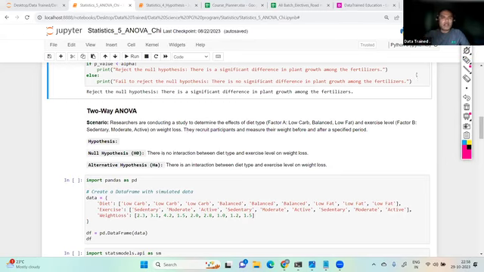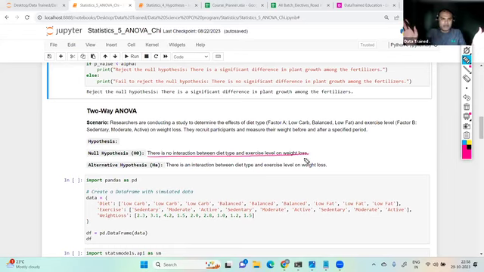So how to conduct it? What is the null hypothesis? You do whatever, man. There is no interaction between diet type and exercise level. They are not related. Diet is different, exercise level is different. They don't impact weight loss. There is no connection between exercise and the body, diet and the body. That is the null hypothesis.